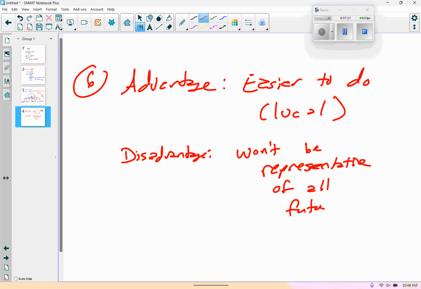So let's say you're doing a survey in a new area of town where they're doing a lot of building. You do this survey when only 10% of the homes in that area are built. This might not show the same thing once all the homes are built. Okay. And let's see.